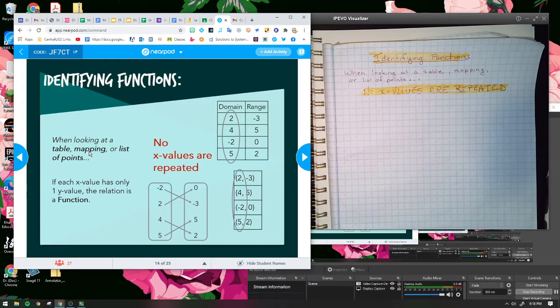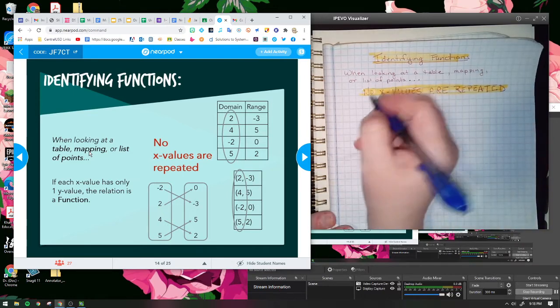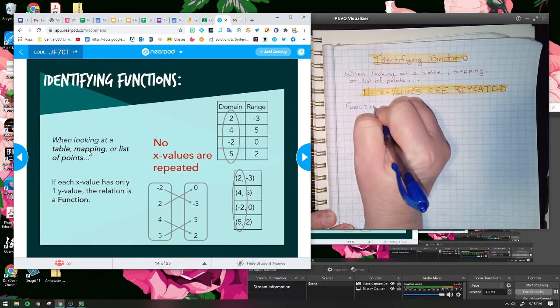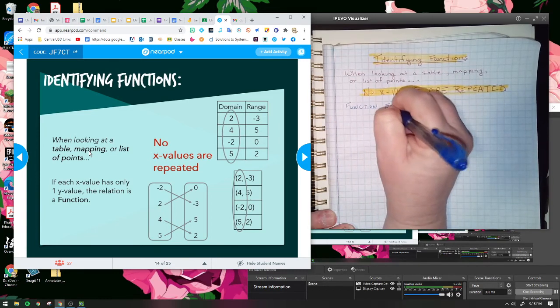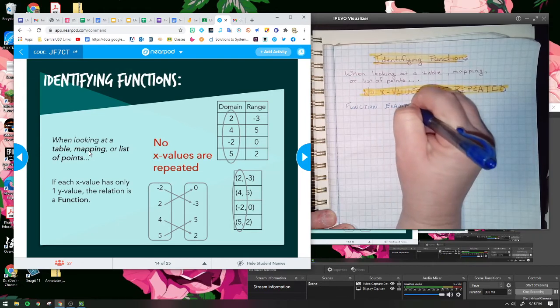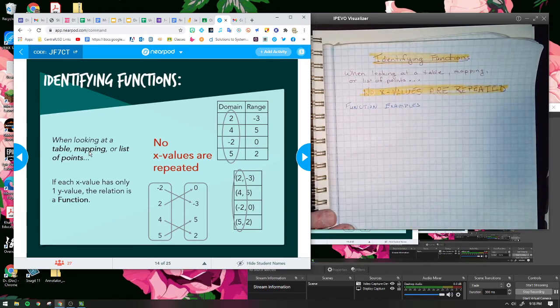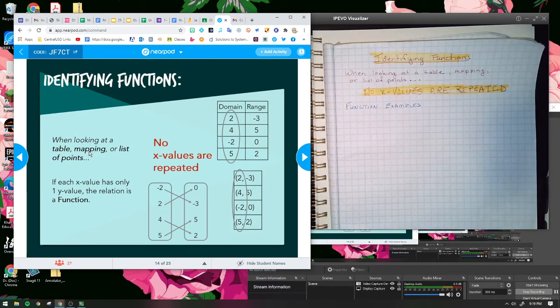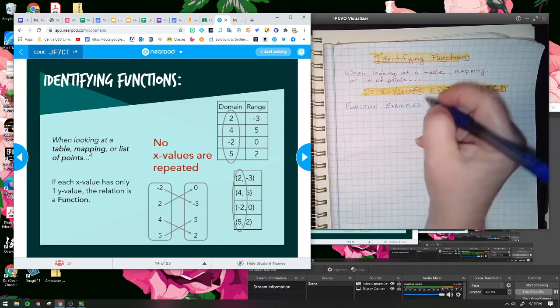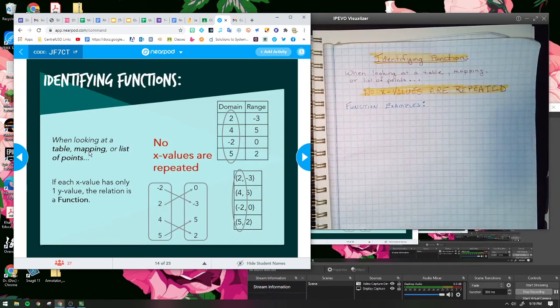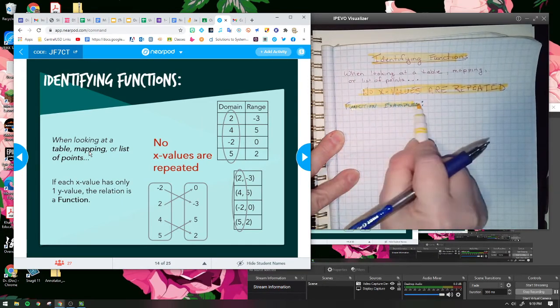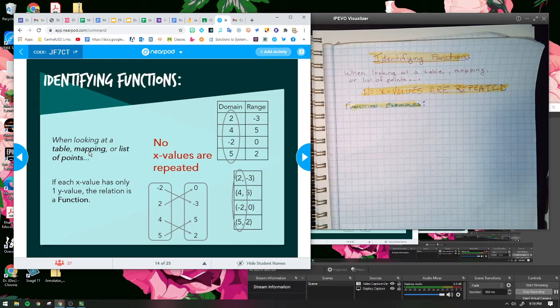Now, we are going to write down function examples. I changed my color here because I like things to be bright. I want everything in my function examples in one color, and then I'll use a different color for my non-function examples.